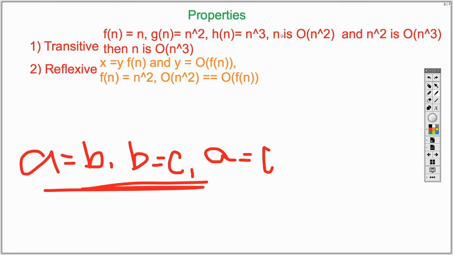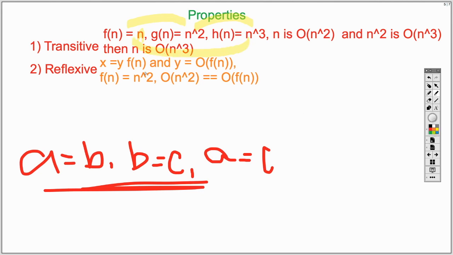Then this is a big O notation, n to the power of 2. And if n to the power of 2 is O of n to the power of 3, then n must be O of n to the power of 3.